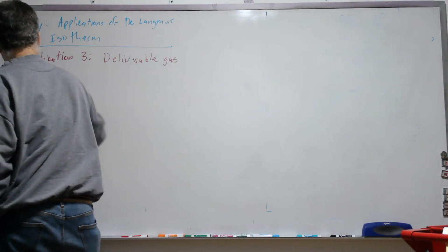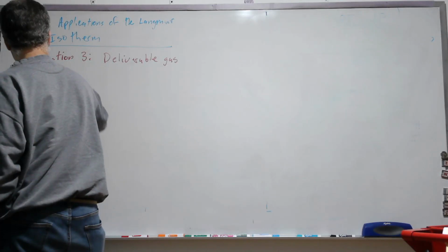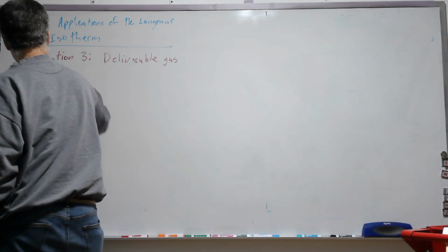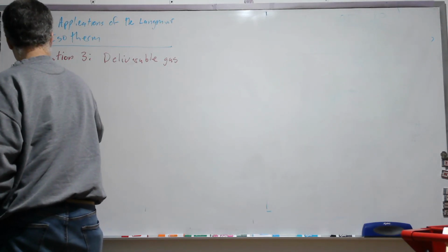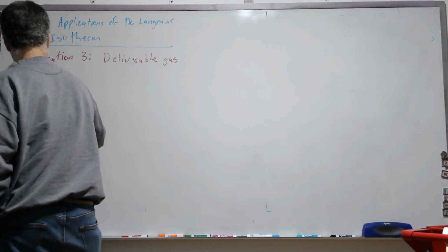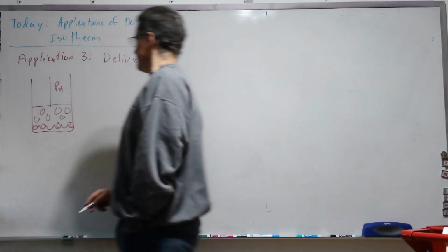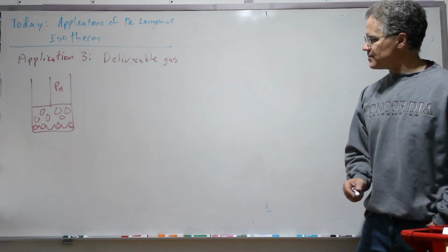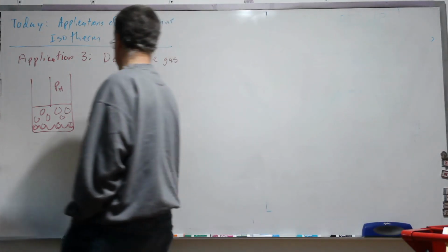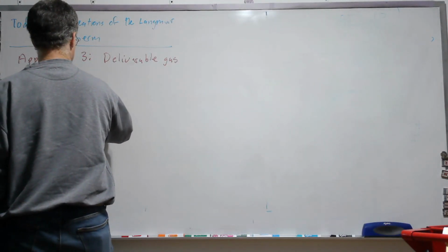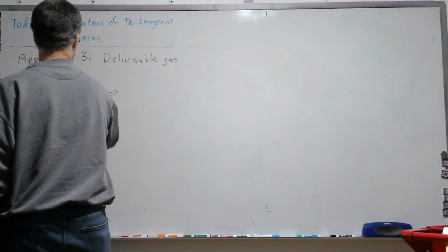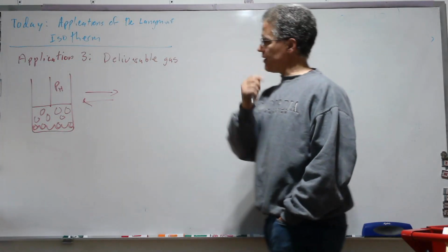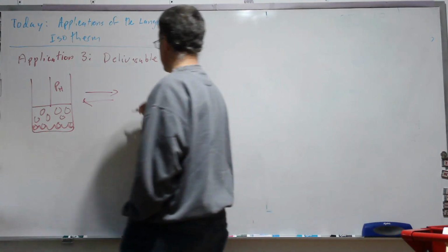So here, let's imagine a piston under high pressure, and we'll have a mechanism for going back and forth to low pressure.